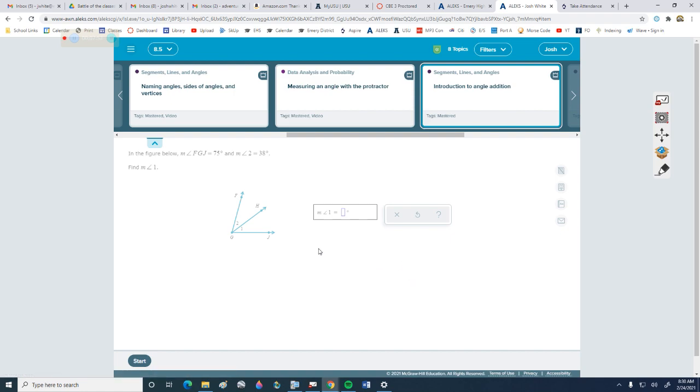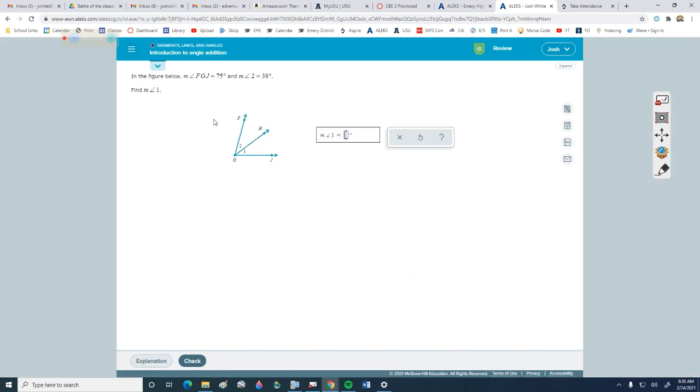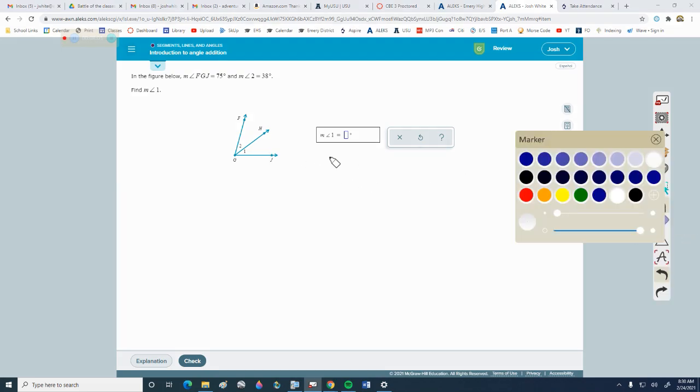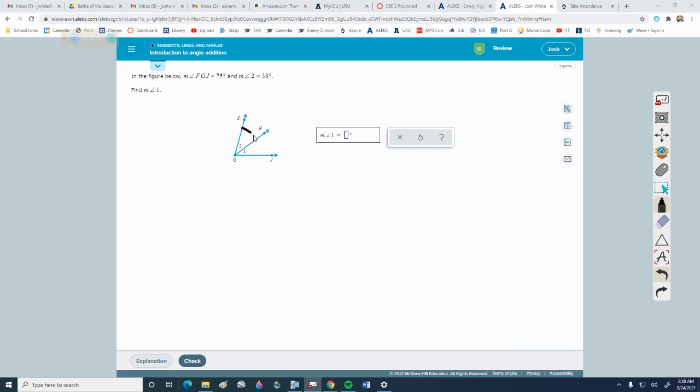All right, angle addition. So if FGJ is 75, so FGJ, this one is 75, and angle 2, which is this one, is 38, then how big is angle 1? Well, that's easy.